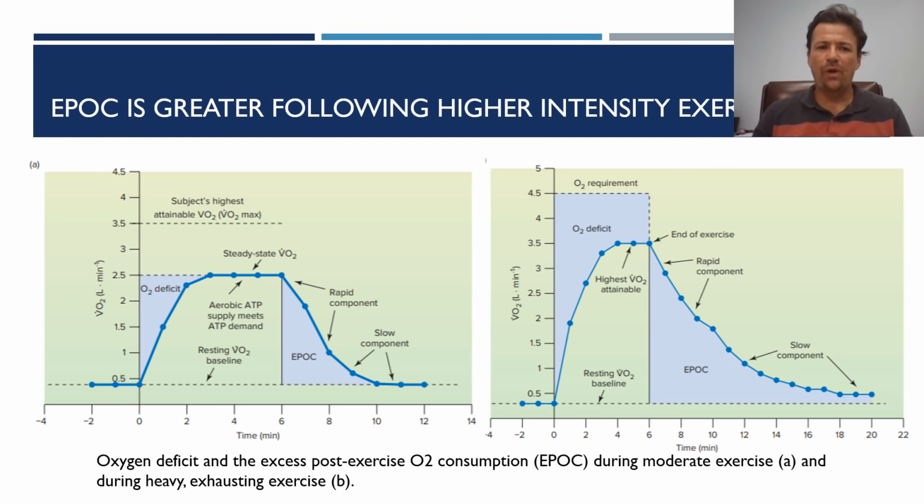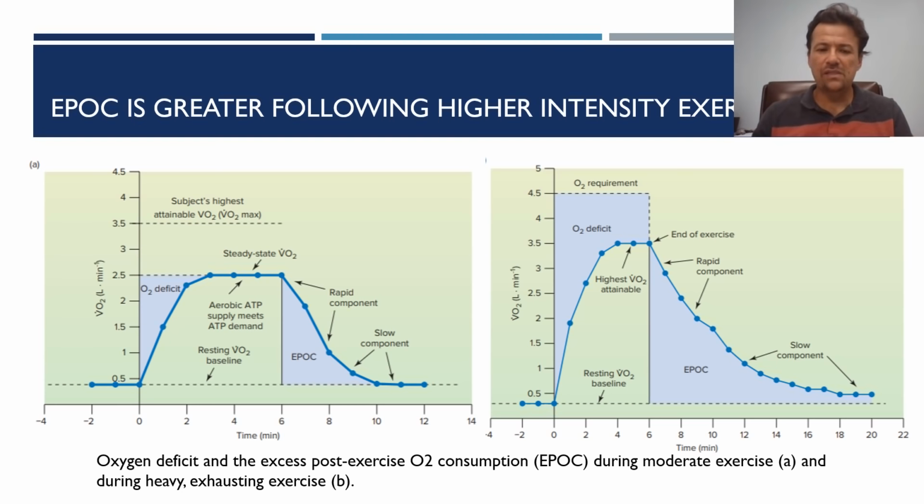And the thing that they point out is the fact that if you do 6 minutes of steady state cardio exercise, your EPOC is smaller than if you do the same period of high intensity interval training or any high intensity exercise.